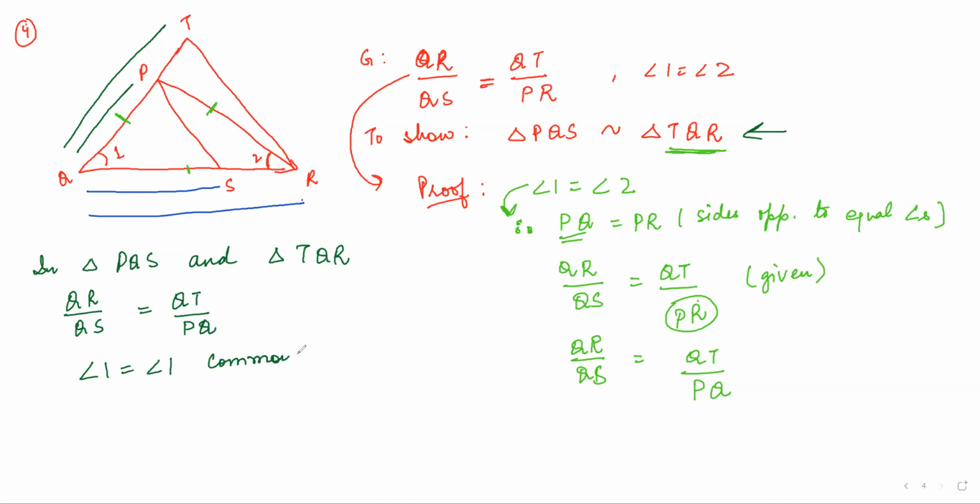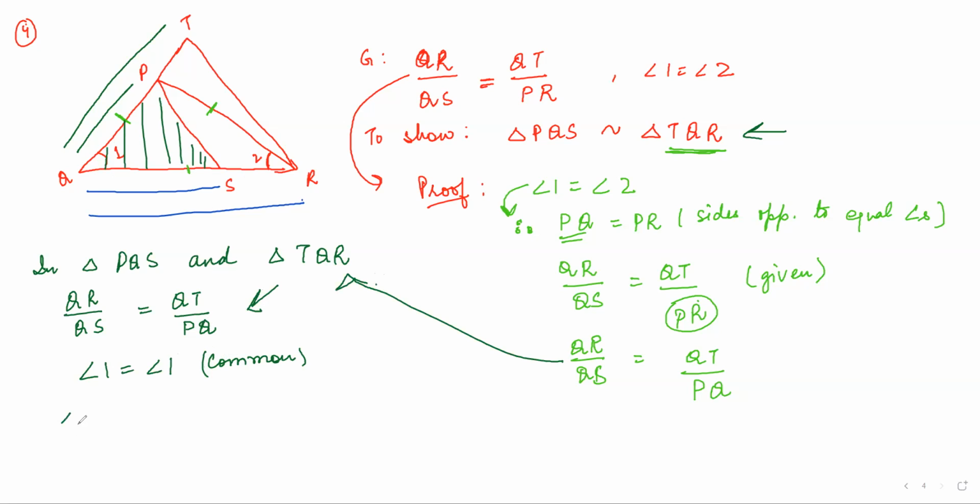It's a part of both the triangles, right? So I'm actually taking this triangle now, the small one, and the complete one. Understood? PQS and TQR. So angle 1 is a part of both the triangles, so it is common. And sides are in proportion from here, right?